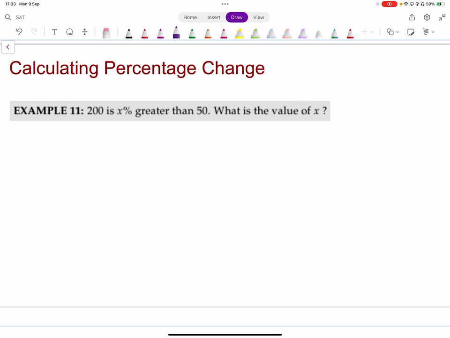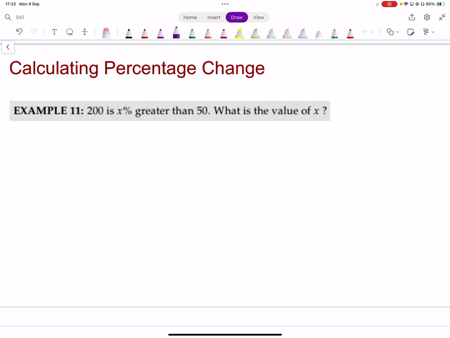What's the value of X? What's the percentage change formula?